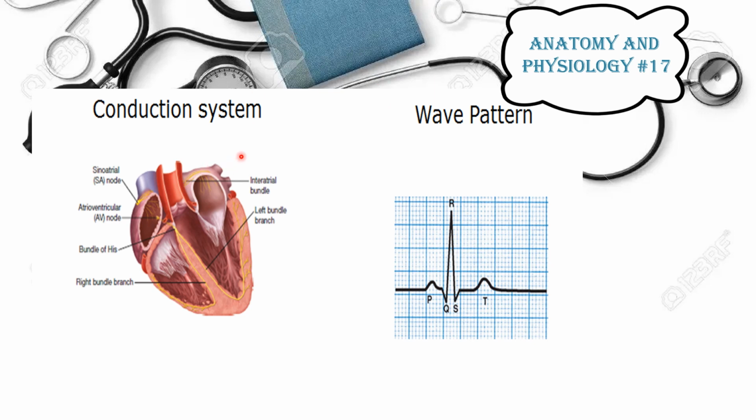Okay, so moving on to the conduction system of the heart. An electrical conduction system of the heart stimulates and coordinates the contraction of the cardiac muscle. So each electrical impulse is initiated in the sinus node, a group of specialized cardiac cells that is located in the right atrium near the junction of the vena cava.